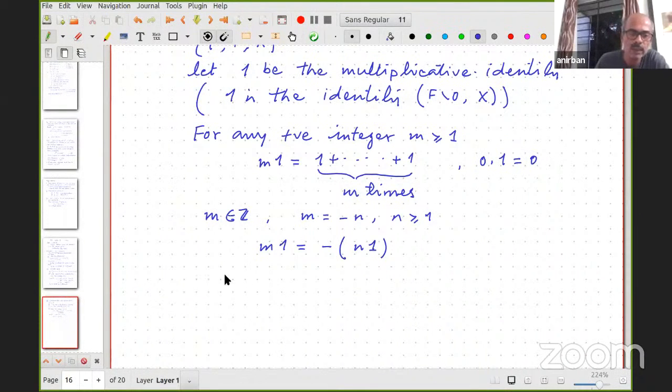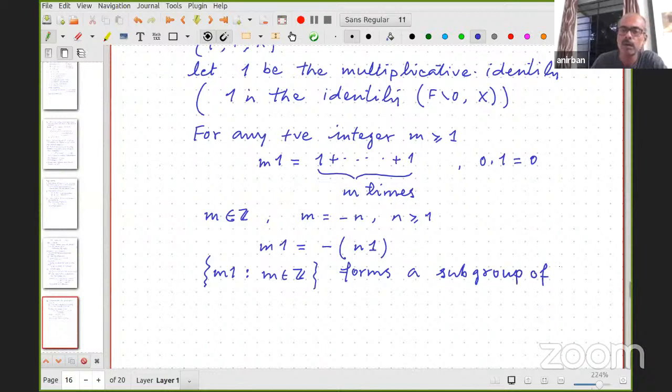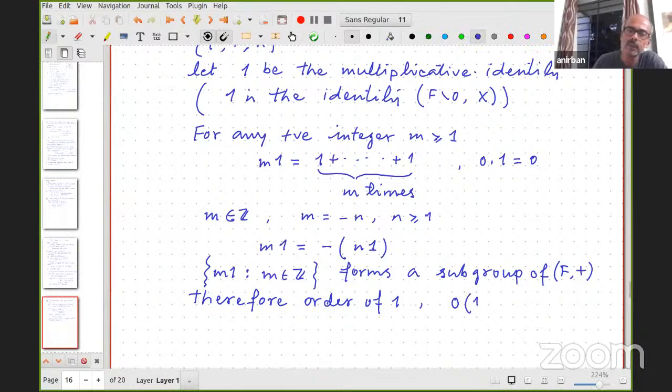So all these multiples, m of 1, form an additive subgroup of F plus, and therefore the additive order of 1, just denoted by O(1), divides the order of the field, the order of the additive group. So the order of this element divides the order of the group.